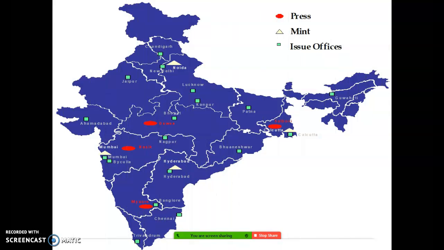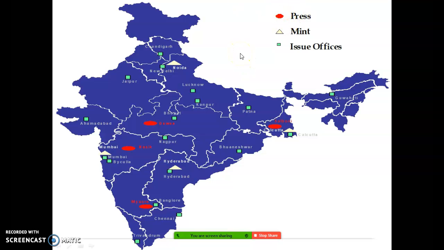And already we know that RBI issues the currency notes and fully controls the currency system in India. That's why there are presses, mints, and issue offices. Press means they print the currency notes. There is a difference between the press and the mint. Mint means they issue the coins like 1 rupee, 2 rupees, 5 rupees, 10 rupees, and some special coins like 100, 150, 75 coins, which are issued on different occasions related to our country.